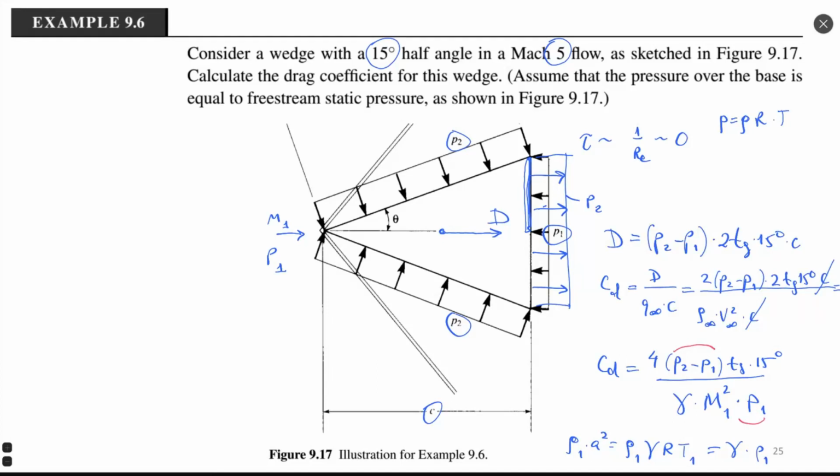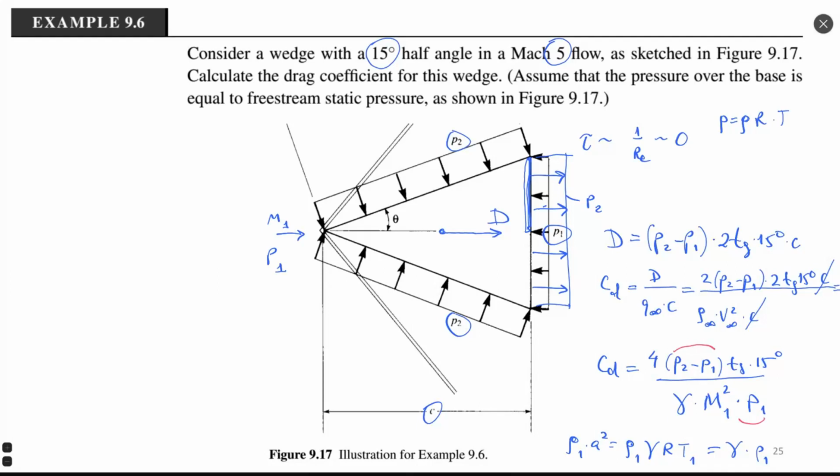All other parameters in the calculation of CD are dimensionless. So as a result, our drag coefficient would be dimensionless, and I hope we have the correct solution. We just need to know pressure, and all other parameters we know.